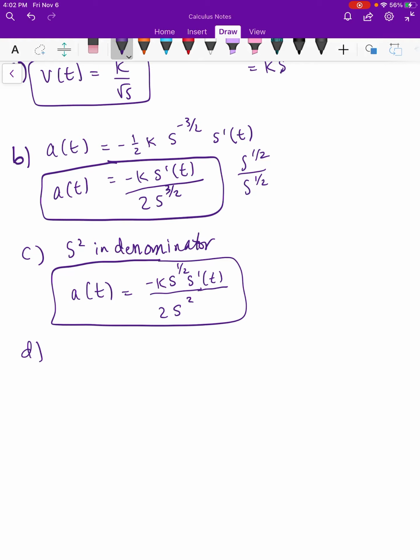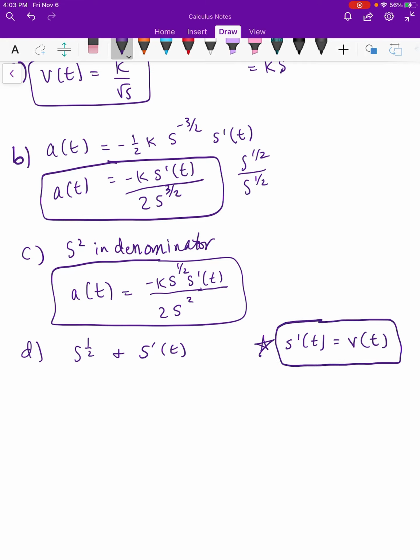It said to substitute for s to the 1/2 and s prime of t, which, by the way, s prime of t is v of t. That was the main thing that I think, if you would have done that substitution, we would have gotten it easily.